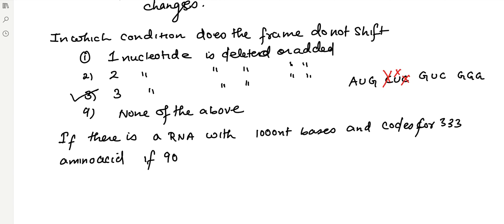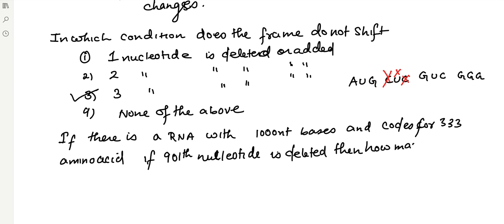If the 901st nucleotide is deleted, then how many amino acids will get affected.